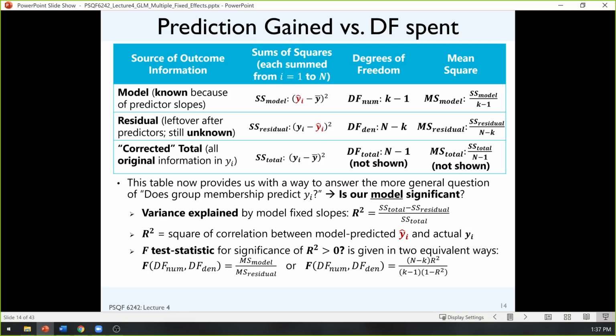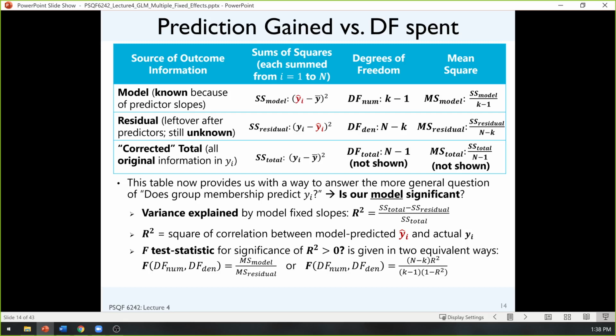If I had a 3-group variable and I had another variable, let's say I added age as a covariate. What is it called if you have an ANOVA with a covariate? ANCOVA. ANCOVA, yeah. So in that context, there's 2 F's. Because if I wanted to know about the F for the model, that would require lumping together the 2 fixed slopes that distinguish my 3 groups and the slope for age, right?